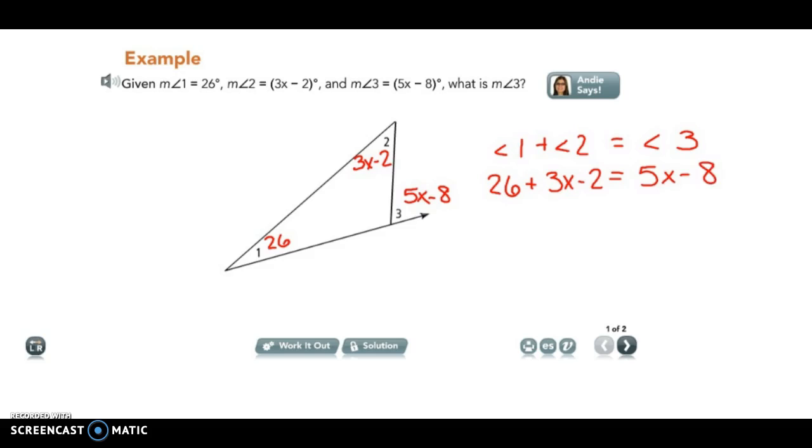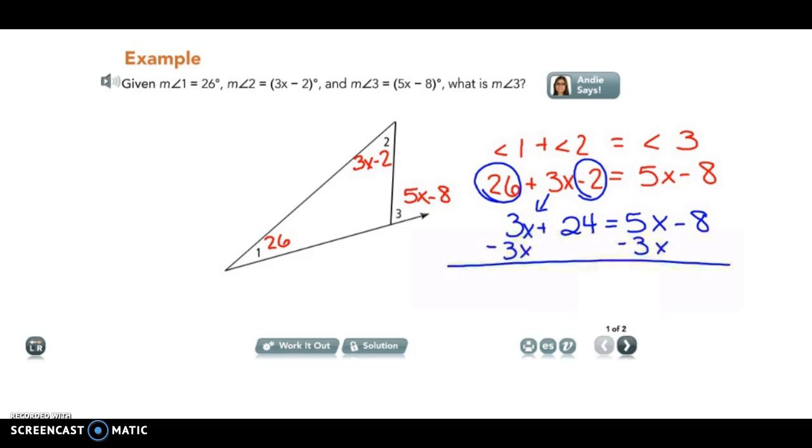Okay, so the first thing that I'm going to do is I'm going to combine like terms. So I have 26 minus 2 is 24, and I'm just going to bring down the 3x. My 24 is positive because my 26 is. That's going to equal 5x minus 8. I want to keep my x's positive, so I'm going to subtract out 3x because it's smaller than 5x.